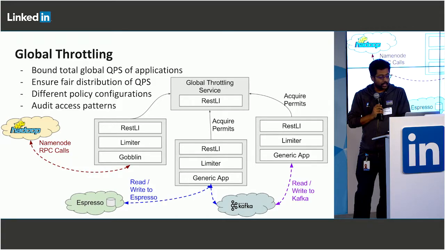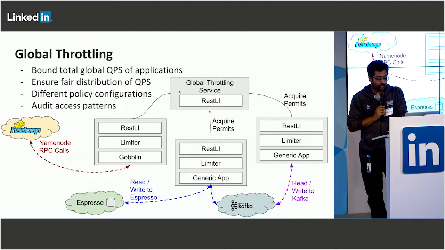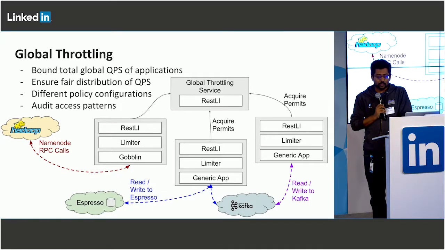Then another major thing that we have worked on recently is implementing global throttling. It provides a centralized place where you can bound the total QPS of all the applications that you have in your ecosystem, so that different applications running within your infrastructure can talk to that throttling service, and that throttling service can control the amount of QPS each application is using to talk to one of the resources that you want.